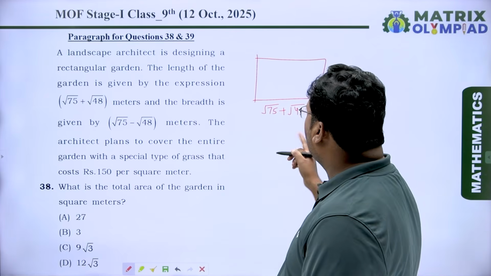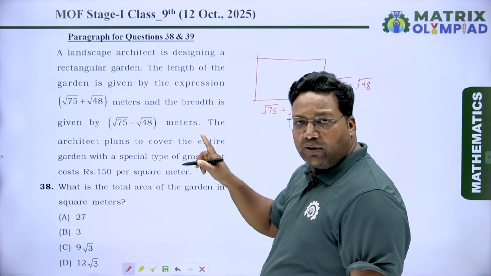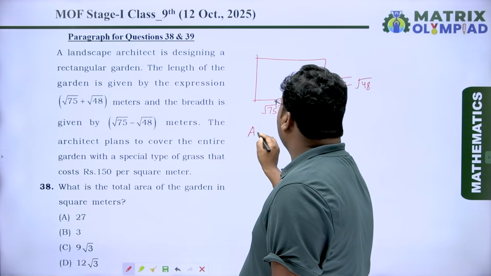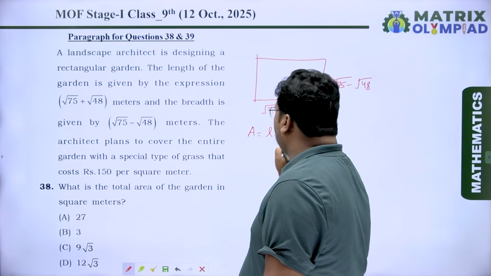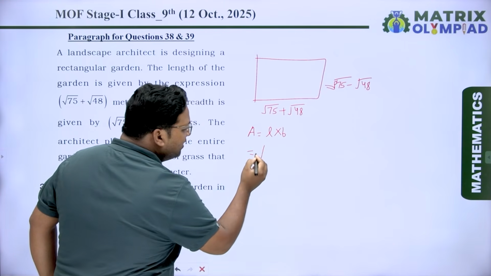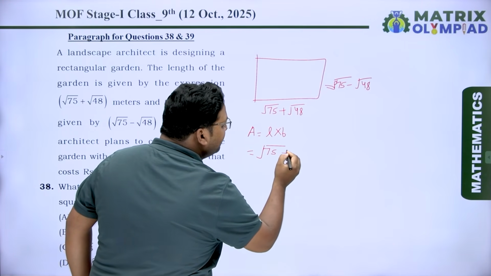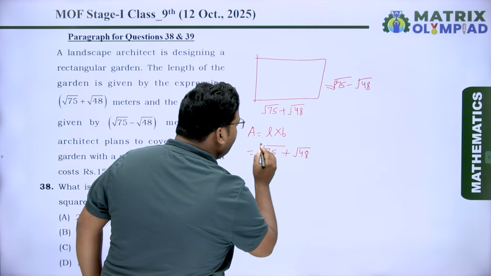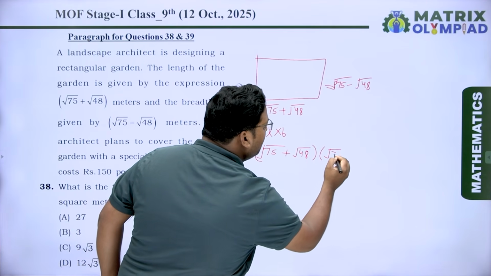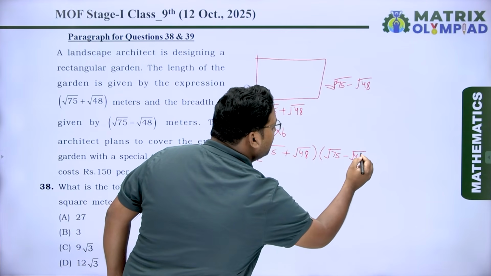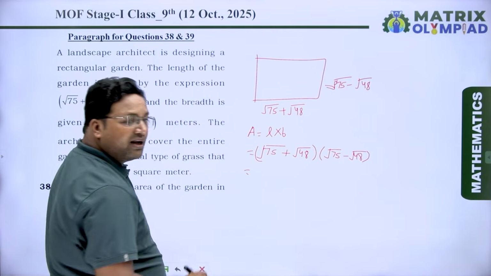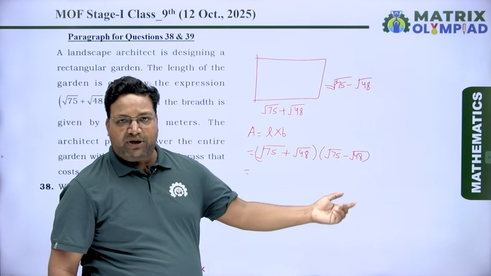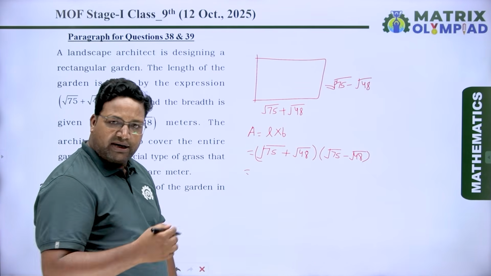So we have to calculate the area of this rectangular part. We know area of a rectangle is length into breadth. Here length is under root 75 plus under root 48, and the breadth is under root 75 minus under root 48. So here we can apply the identity (a plus b) into (a minus b), which is equal to a square minus b square.